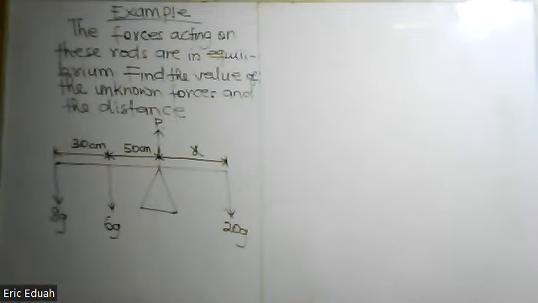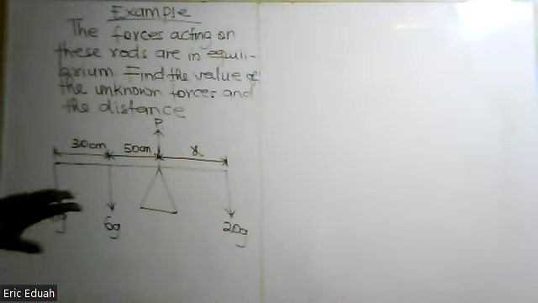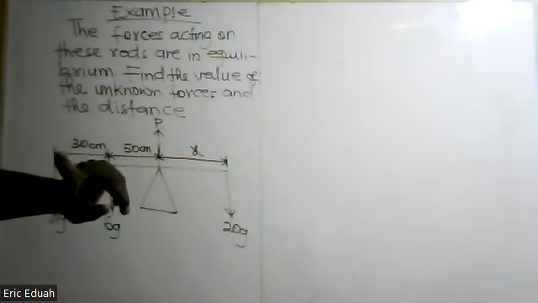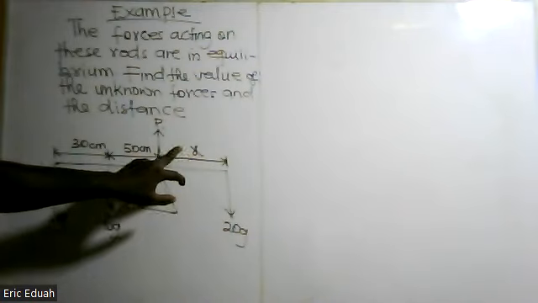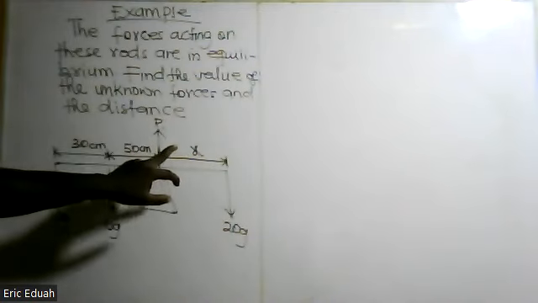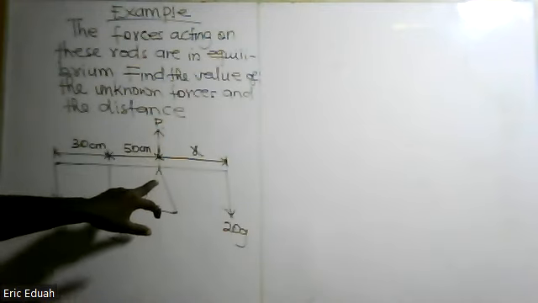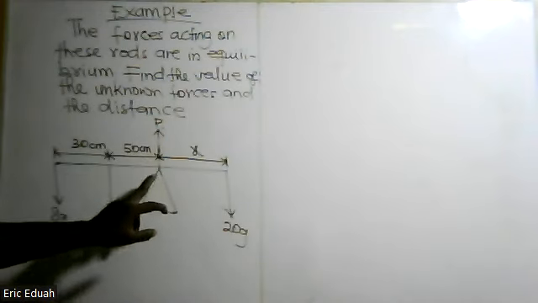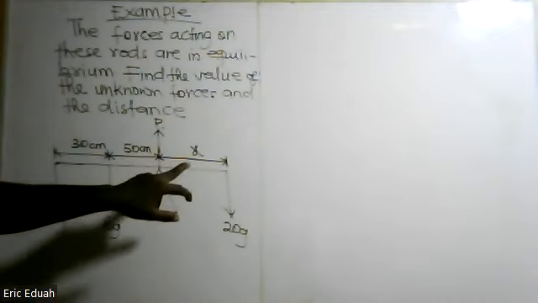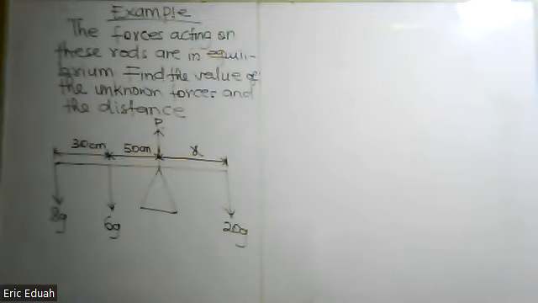Okay, so how do we find it? We are looking for x and p. This p, the reactional force produced by the pivot, is not known, and then x.